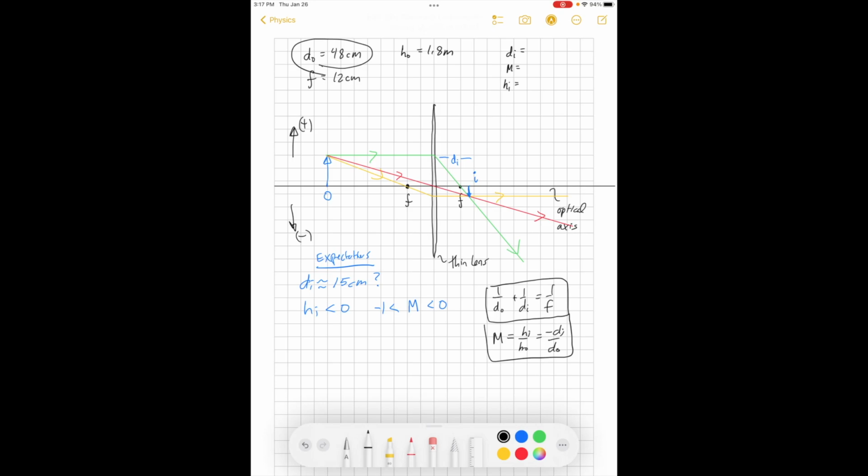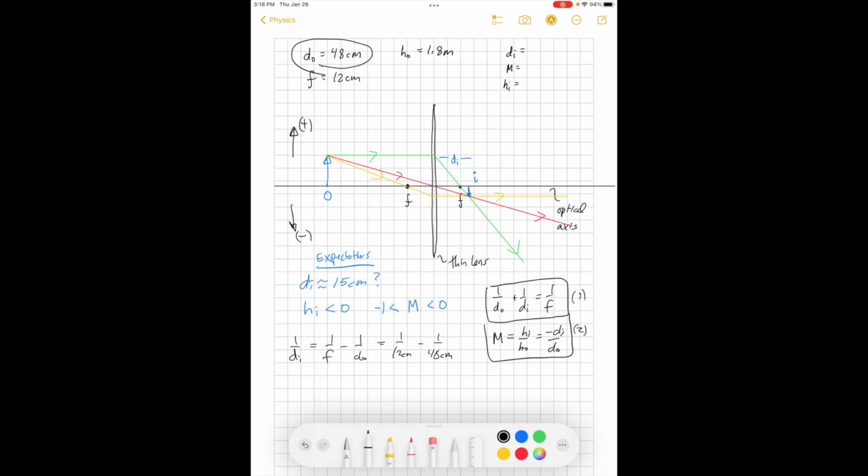Okay, so let's go ahead and solve for the image distance using that first equation. 1 over DI is equal to 1 over F minus 1 over DO. So we'd write that as 1 over 12 centimeters minus 1 over 48 centimeters. And then we're going to have to take the inverse when we're done with that.